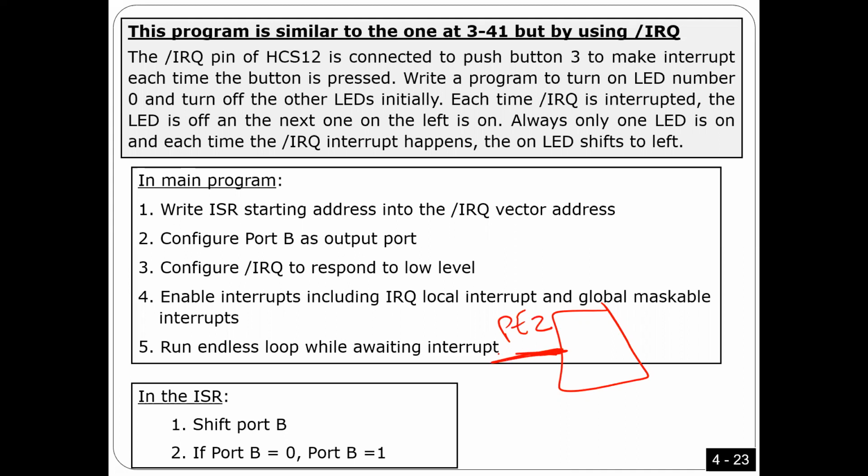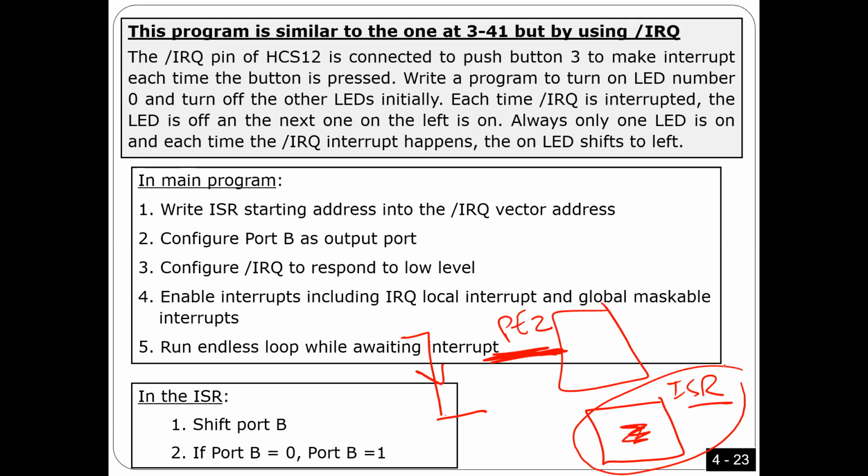Every time there is a falling edge on this pin, it should trigger the interrupt and execute the interrupt subroutine. So every time you press, you are going to execute the interrupt subroutine, and in the interrupt subroutine we're going to shift the LED, as you will see right now.